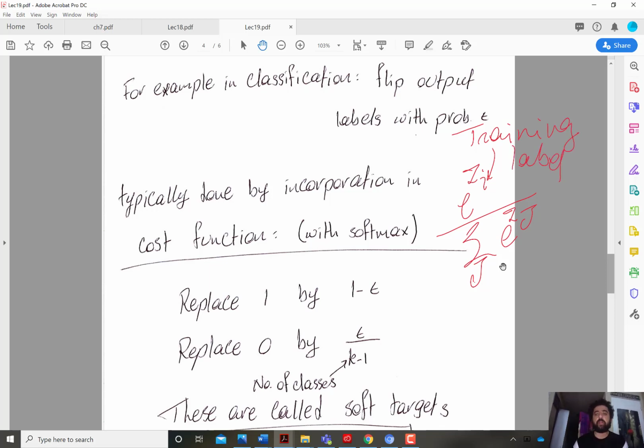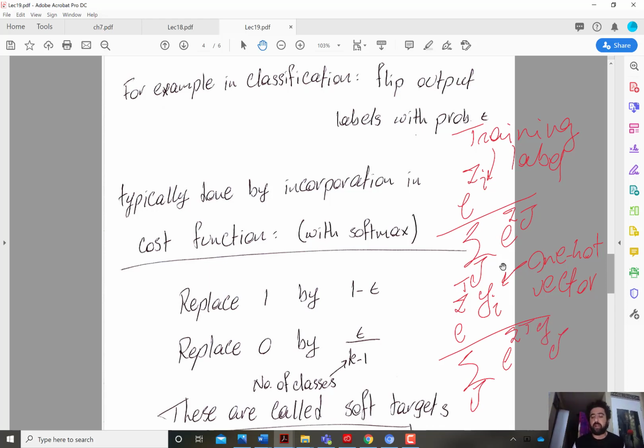Another way to interpret this equation is that you take the vector z of output units and take a dot product with a one-hot encoded vector representing the training label. If it's an image of a 1, I have a vector of all zeros, and the index corresponding to class 1 has a 1 value, divided by the sum over all j's of e to the z transpose y_j.